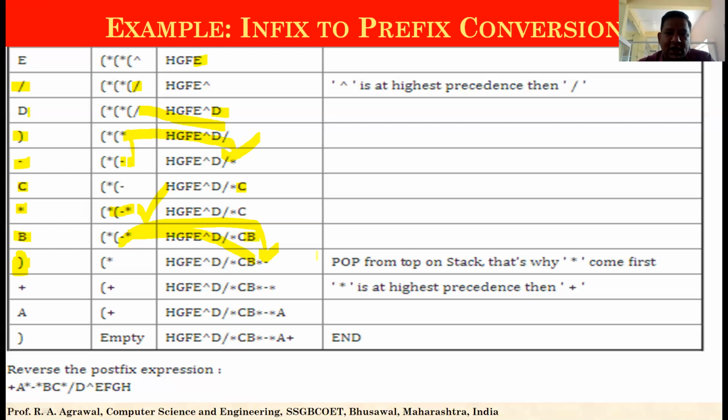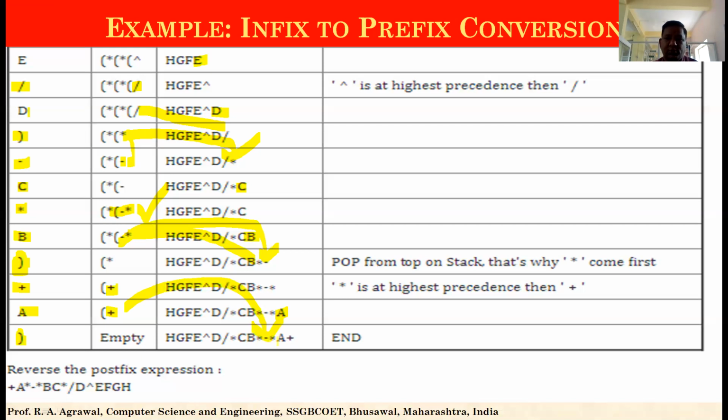Next operator is plus, so plus will be added on the top of the stack. Next is A, an operand, which will be written down in the postfix form. And the last one is the closing bracket. Once a closing bracket is encountered, you pop out everything from the top of the stack and add it to the postfix expression.